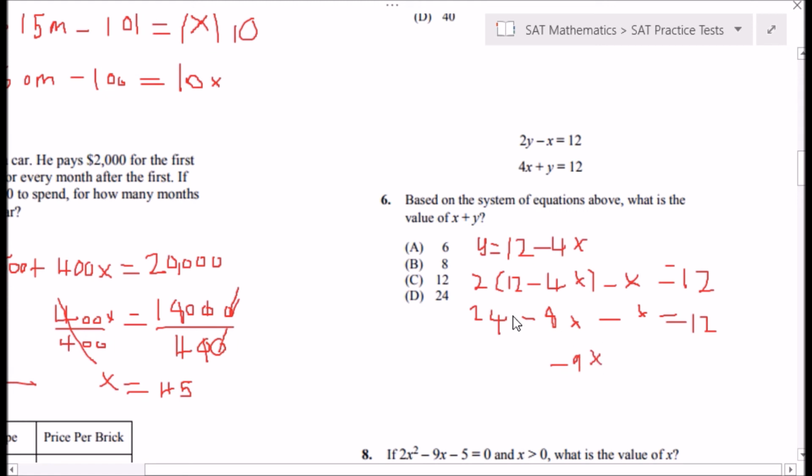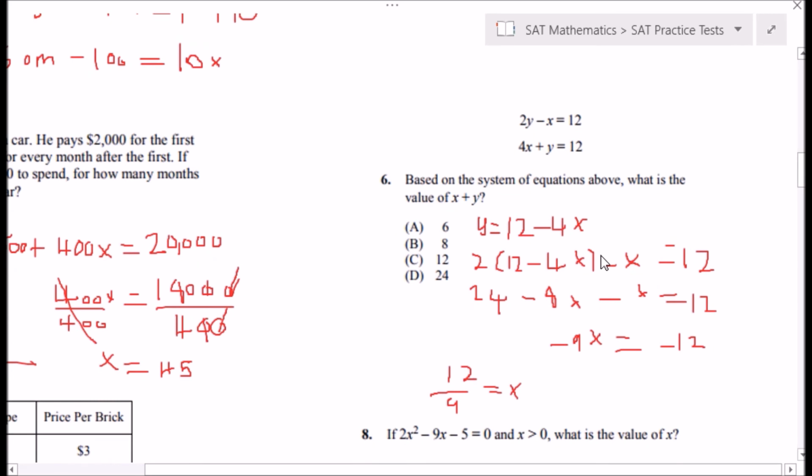Negative 8x minus x is negative 9x, sorry. And 12 minus 24 is negative 12. So we know that x is 12 over 9. And just know that negative 12 over negative 9 is positive 12 over 9.